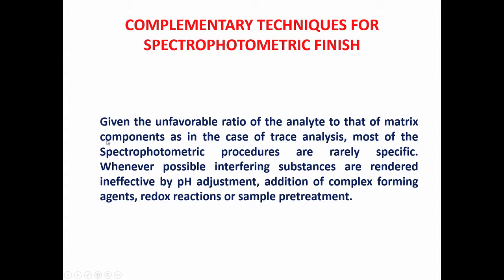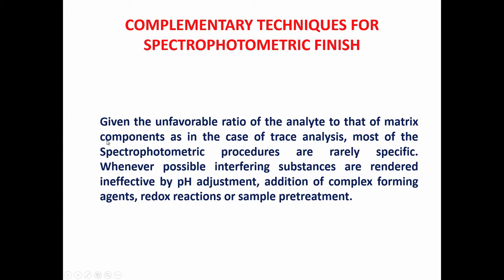Now, I have told you that a reagent can be made specific under optimum conditions, and these things include pH adjustment and addition of complex forming agents. We can use redox reactions or sample pretreatment.